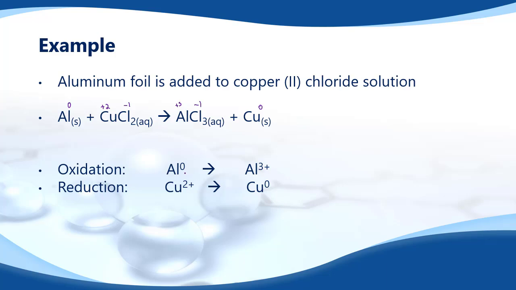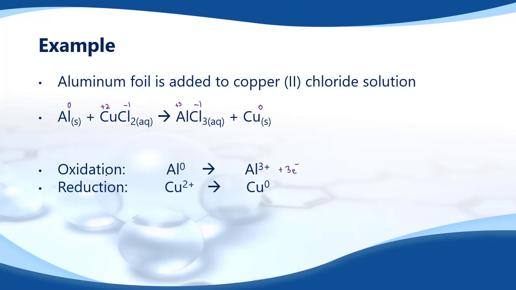Now I'm going to balance them for mass. 1 aluminum on this side, 1 aluminum on this side, good. 1 copper, perfect. Now I have to balance for charge. The left-hand side is 0, the right-hand side is +3. Well, I can only balance by using electrons, so electrons are negative. So I'm going to put 3 electrons on this side of the equation.